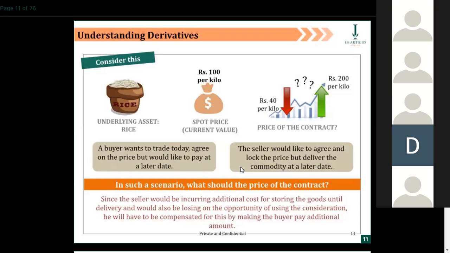So that is how the pricing is taken into account. When you are pricing the futures contract, you take into account two things. One is the risk-free rate which you can avail in the market, and another is your cost of carry. These two things are included, and that is how the pricing for futures is done.